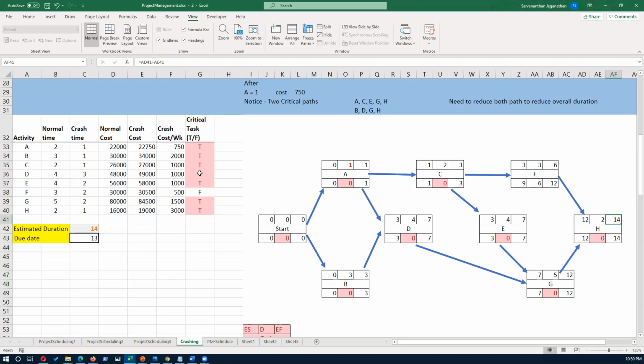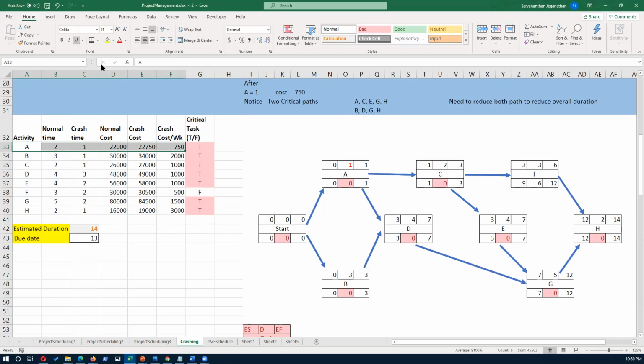So now we can go back and see. We cannot make any further changes to A because this is already 1 now. We have reduced it to 1 week. So this is not an option. So what we can do is look for other tasks that we can crash.